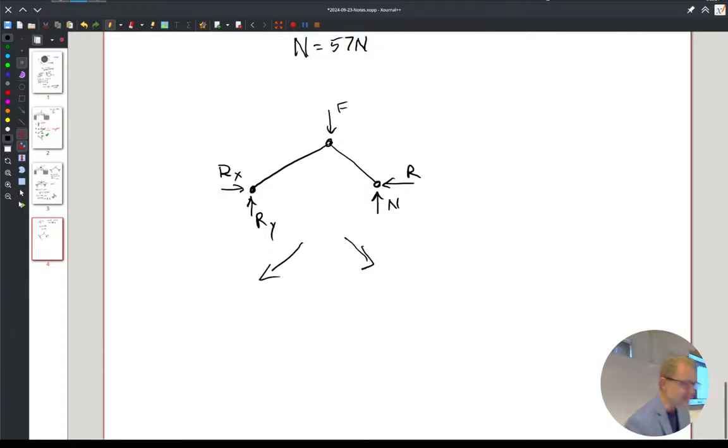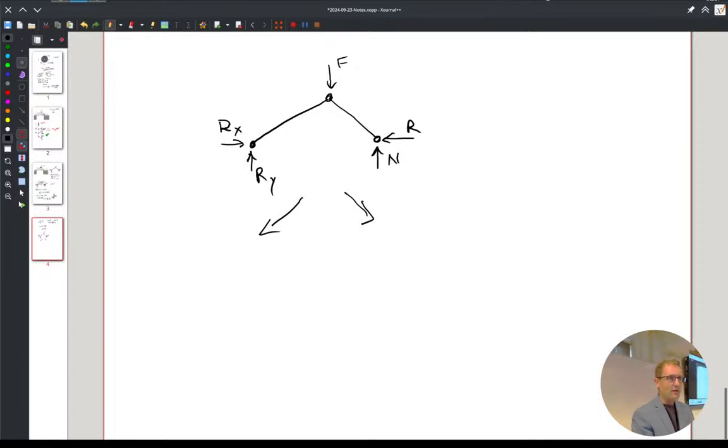You can take this free body diagram and split it into two and look at what are the internal forces acting, how is this system connected to each other? Sometimes that's really helpful information. If you want to know how much stress a joint has on it, then you need the internal forces. And you can't get internal stuff from big free body diagrams of the whole system.